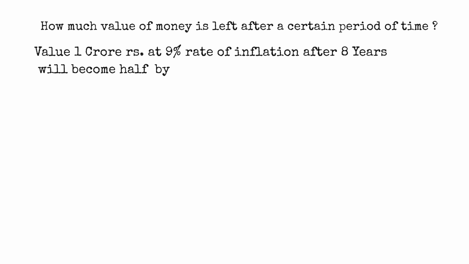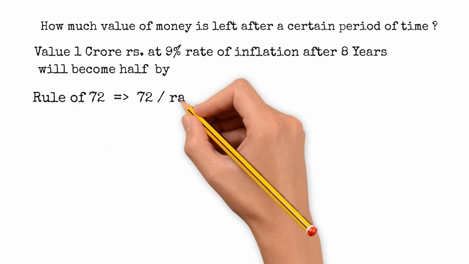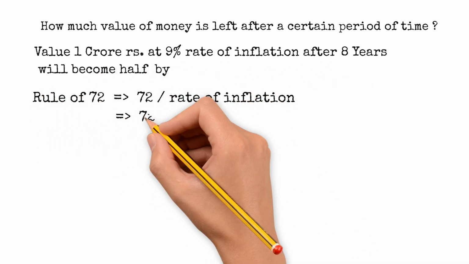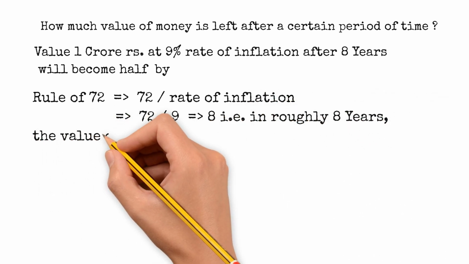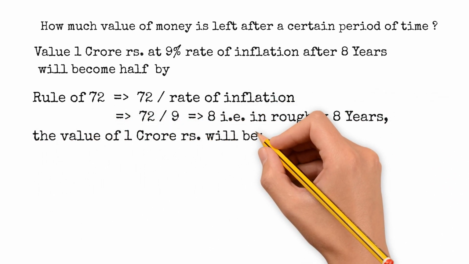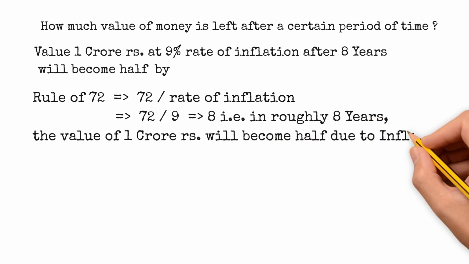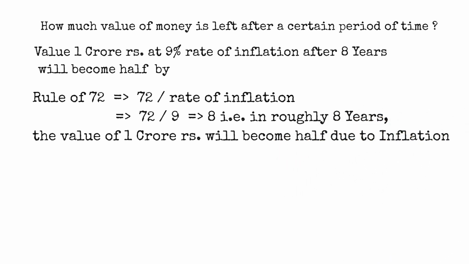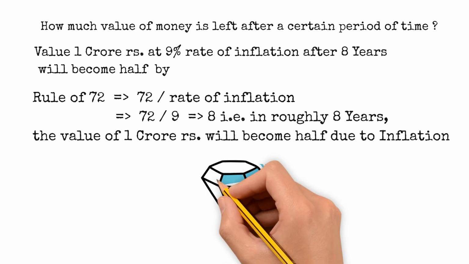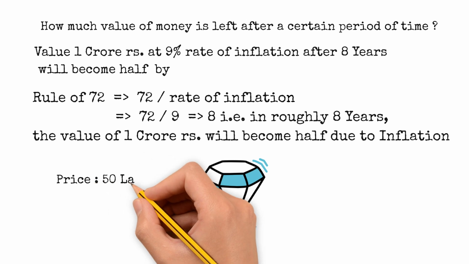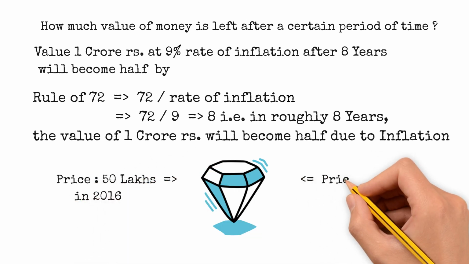If you divide 72 by the rate of inflation, which is practically 9% in our case, so 72 divided by 9 gives 8. So roughly after 8 years, your 1 crore rupees will lose approximately half of its value due to inflation. So now, after 8 years, you will be able to buy goods worth 50 lakh rupees 8 years back.